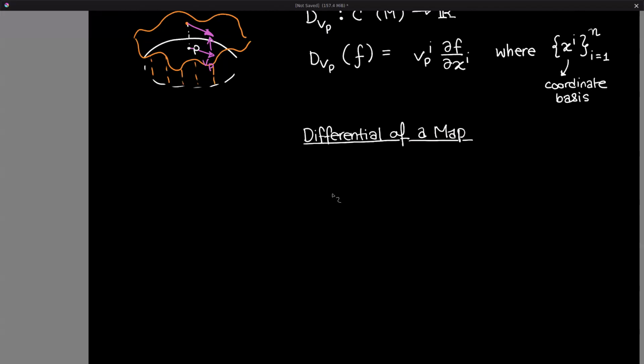So let's say you take an element from C infinity P of M. Now this might be self-explanatory at this point. Take C infinity M and take, okay, well, it's not completely self-explanatory.